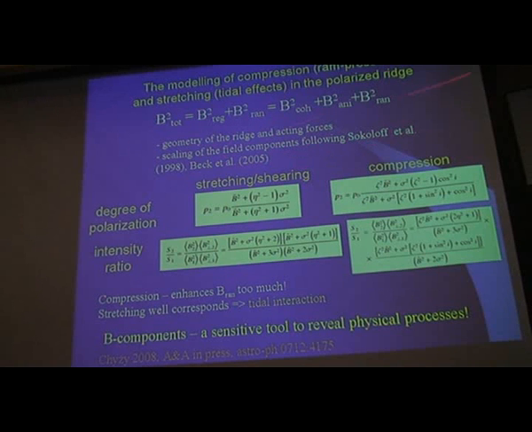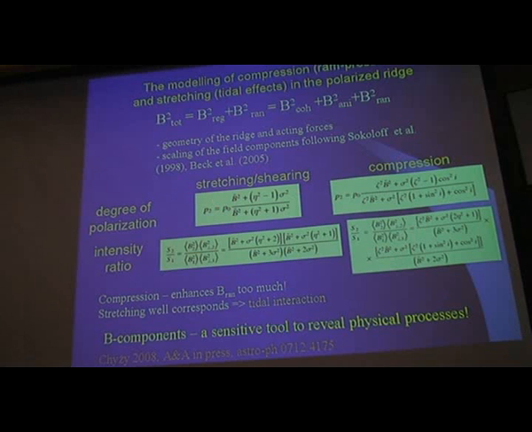famous papers, Sokoloff and Beck, where they presented some idea how to scale different magnetic field components due to compression and stretching. I derived the degree of polarization in the polarized ridge and the synchrotron intensity ratio in the ridge and outside of it for the compression and the stretching processes.